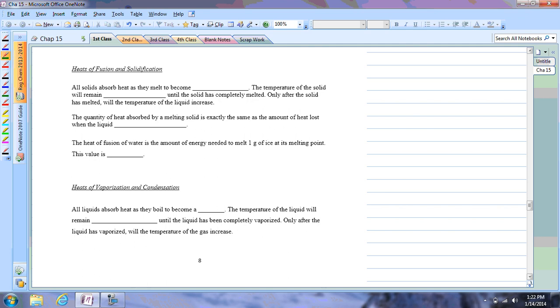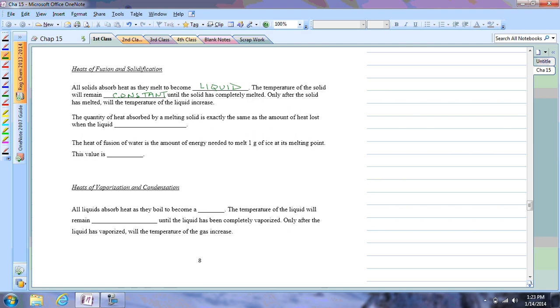All solids absorb heat as they melt to become liquid. The temperature of the solid will remain constant, that's the horizontal, until the solid has completely melted. Only after the solid has melted does the temperature change again.